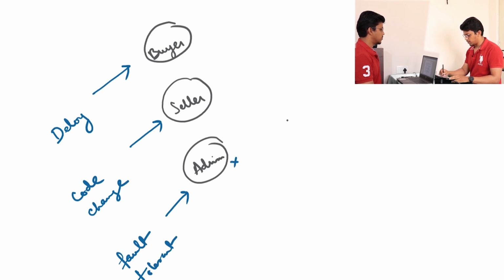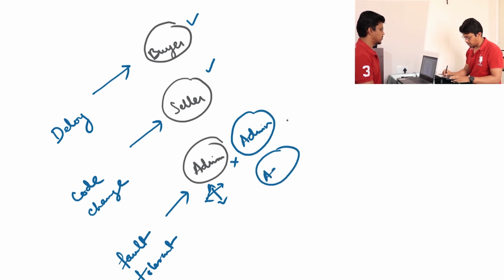If it goes down, it will be up again. Then what else? One more thing is we can scale it. Independently we can have multiple admin instances, and we can have a load balancer to navigate the traffic.